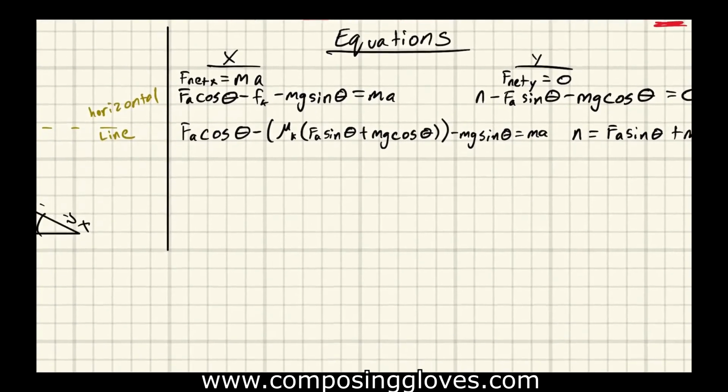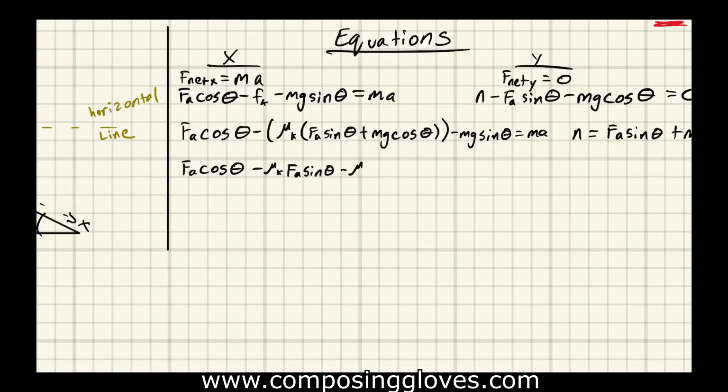Now at this point I'm going to distribute and divide at the same time. So we have FA cosine theta, and then we distribute this, so it becomes minus mu sub k times FA sine theta minus mu sub k times mg cosine theta minus mg sine theta equal to a, all over the mass.